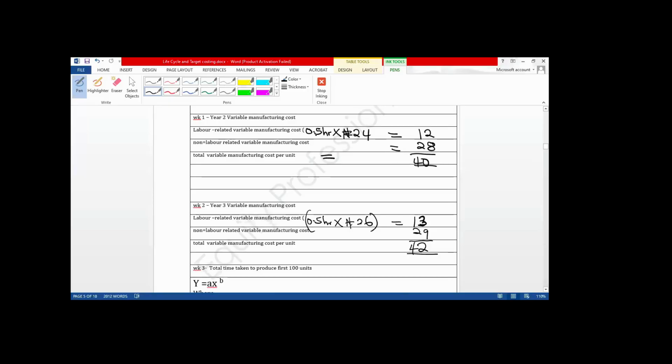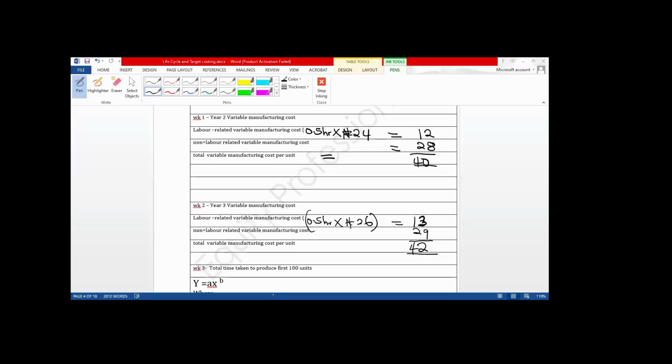We have removed 0.5 and replaced it with 0.37, but we still have the non-labor related variable manufacturing cost for year 2, 28 naira. Is that better now? Yes, sir. Thank you.